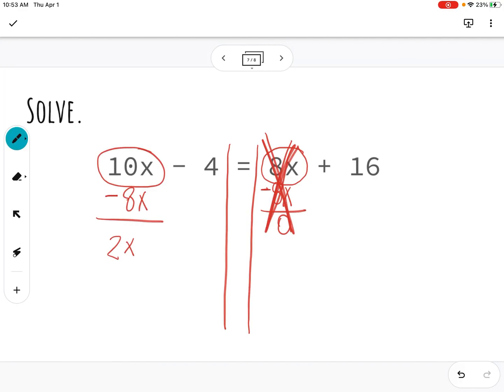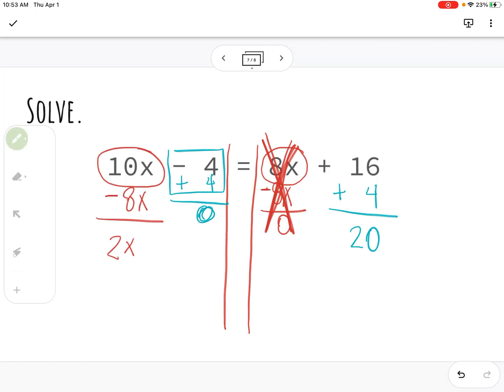Over here, I notice that I have a -4. I want to get rid of that or move it to the other side. So if I have -4, I'm going to add 4 to get to 0. Do it on this side, add 4 over here. 16 plus 4 is 20. Let's go ahead and rewrite this.